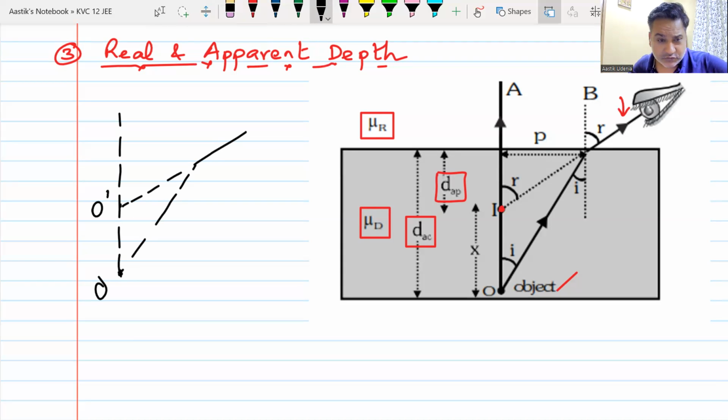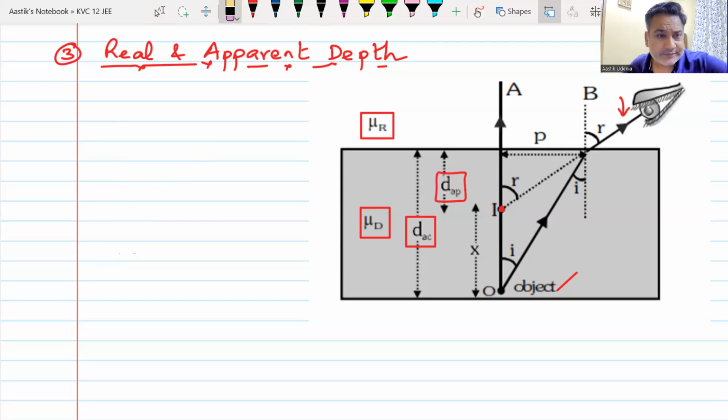Do you have any problem with this, beta? Or the diagram is looking too complicated? This is a very illustrative diagram that I have shown. If you want, I can show you a different diagram. Okay, this one is better. This one is less complicated. Okay, I will put it here so that you can see this one.